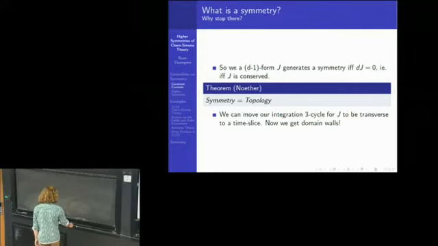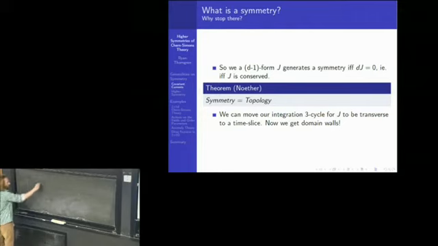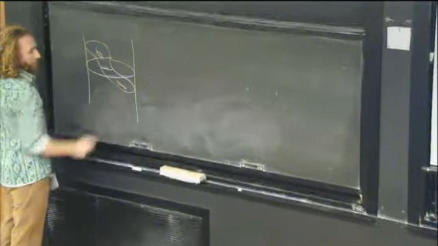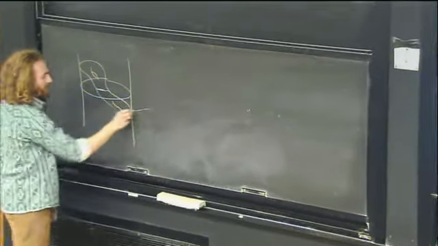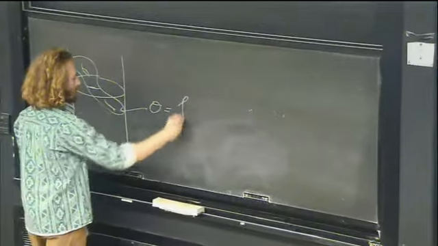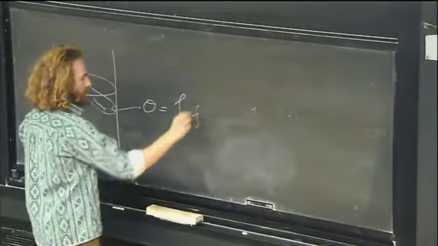OK, so if I have some spatial slice here, and now I integrate instead over a 3-cycle that is transverse to the spatial slice. So here I could have O is the integral of j over this thing.